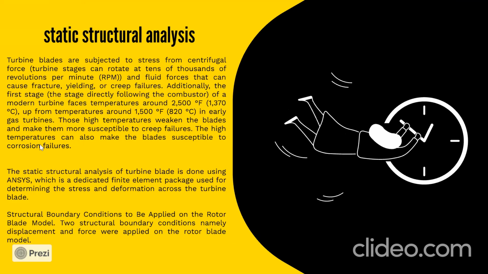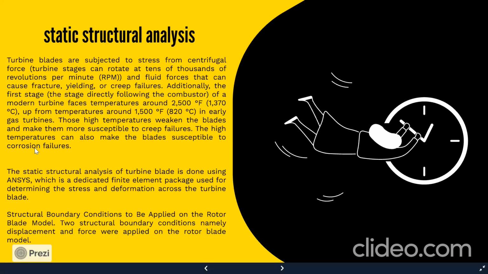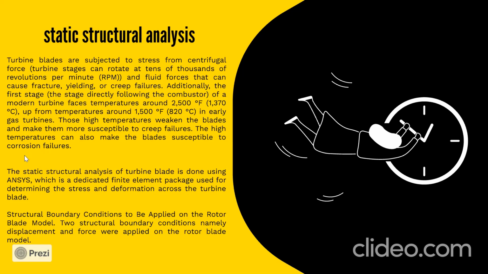Additionally, the first stage, the stage directly following the combustor of a modern turbine, faces temperatures around 2,500 Fahrenheit, up from temperatures around 1,500 Fahrenheit in early gas turbines. Those high temperatures weaken the blades and make them more susceptible to creep failure. The high temperature can also make the blades susceptible to corrosion failure.